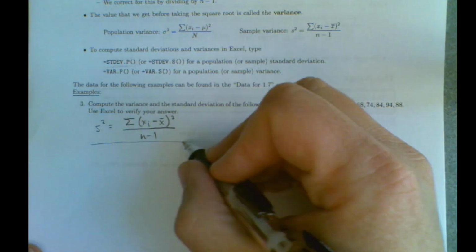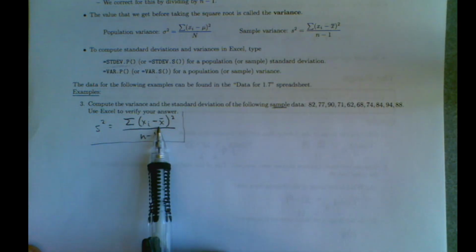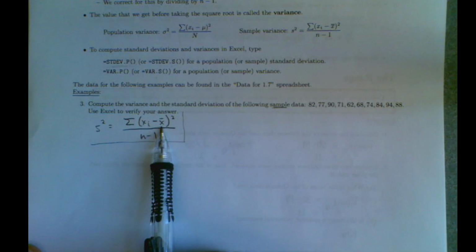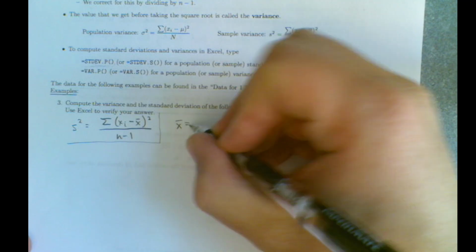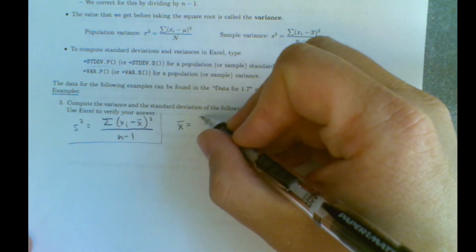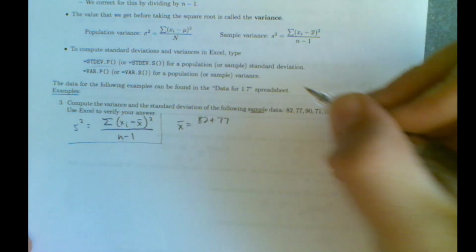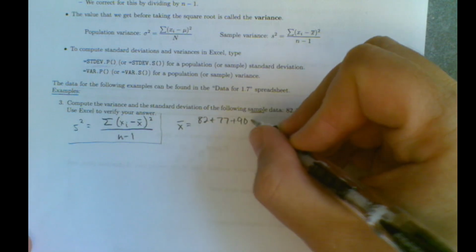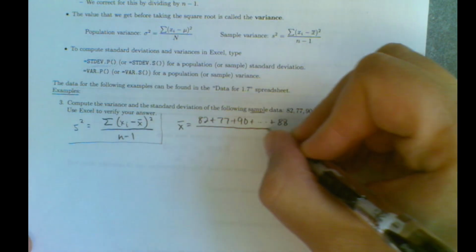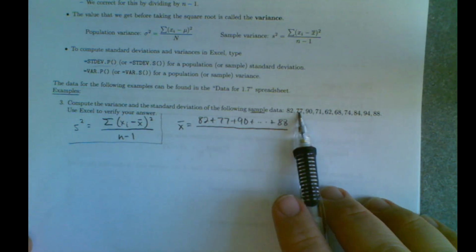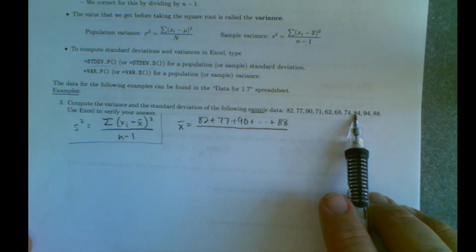In order to use this formula, first we're going to need to calculate the sample mean. So the sample mean here is 82 plus 77 plus 90, etc., until we get to the last value of 88, and then we'll divide by 1, 2, 3, 4, 5, 6, 7, 8, 9, 10.